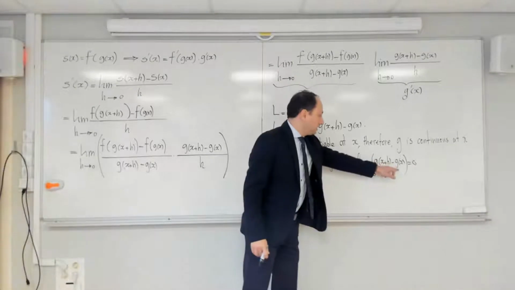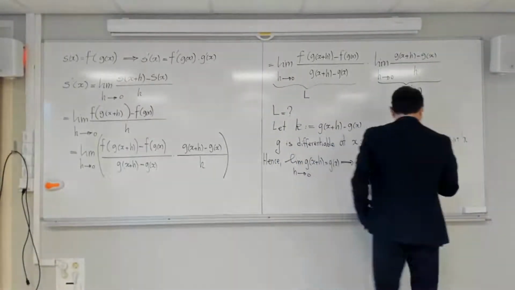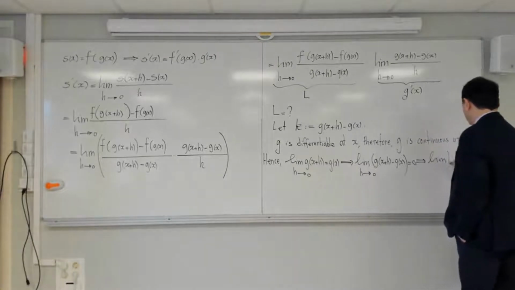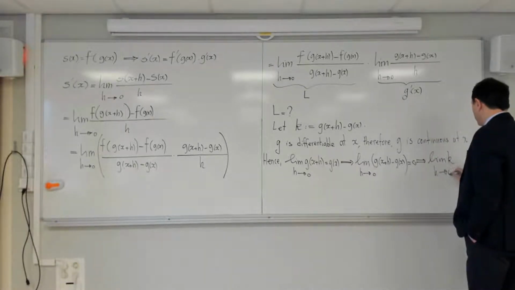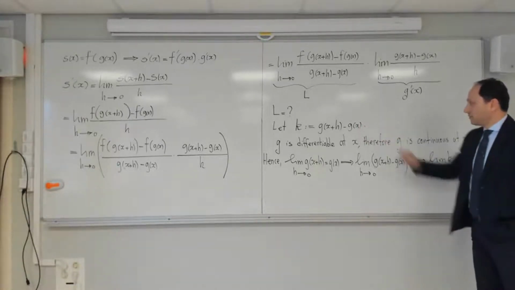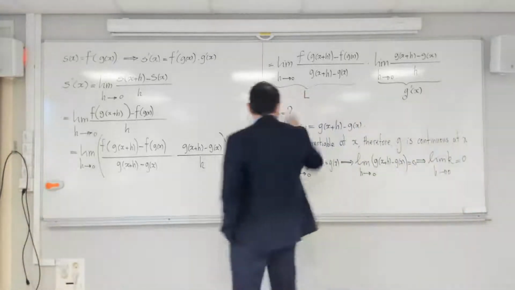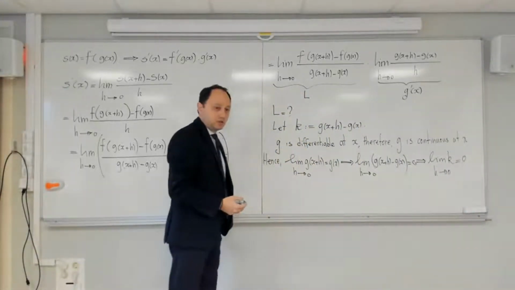But this is nothing except my k. So this means that the limit of k when h goes to 0 is equal to 0, when k is that guy. So simply speaking, it means that when h goes to 0, k goes to 0. Simple as that.